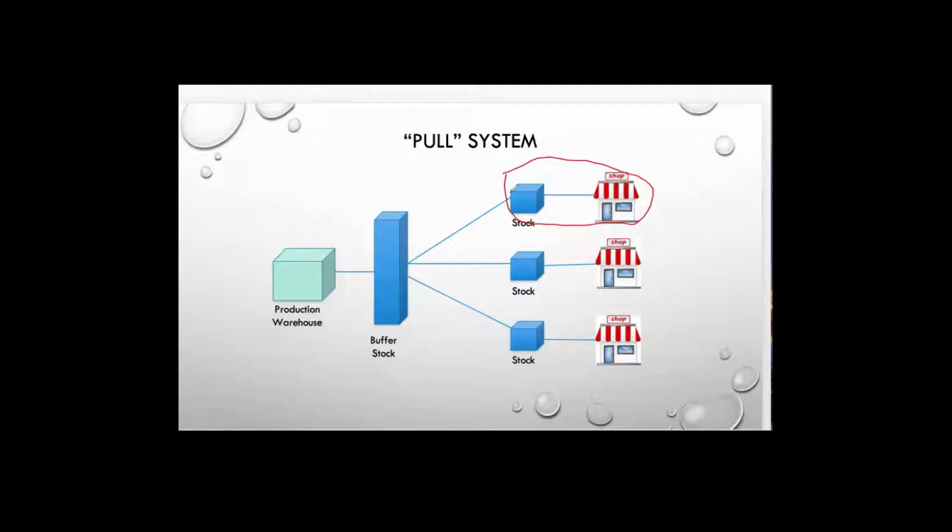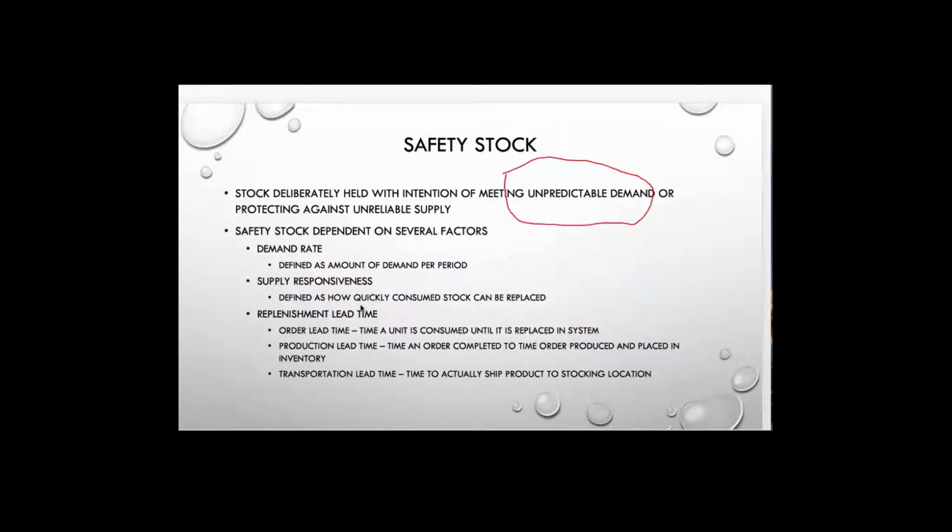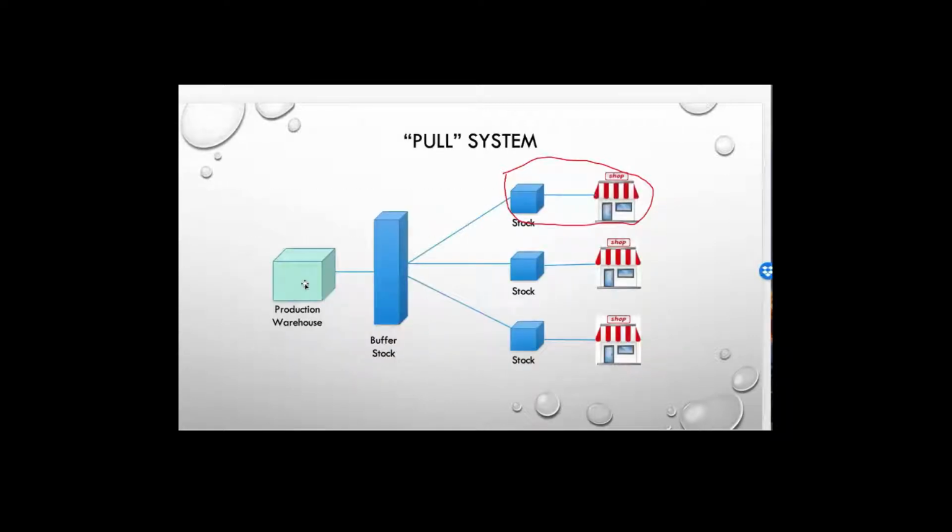This is because we focus on smaller shipments, so we have more flexibility in moving stock. We don't have to worry about putting huge stocks in because we don't worry about forecasting. We have to cover a smaller time window. We only have to cover how much time it takes for stock to go from the production warehouse to the stock here.